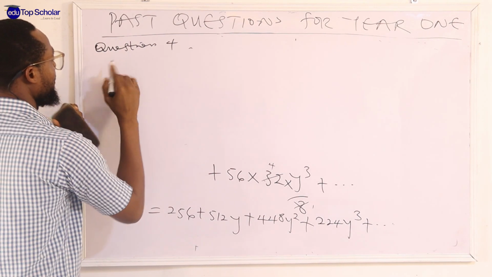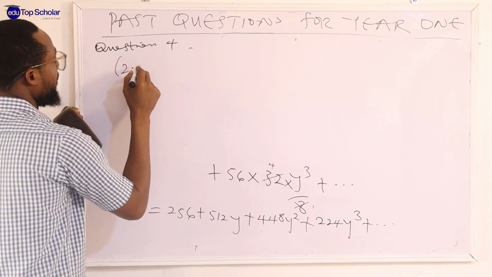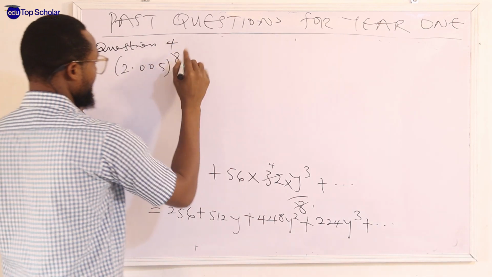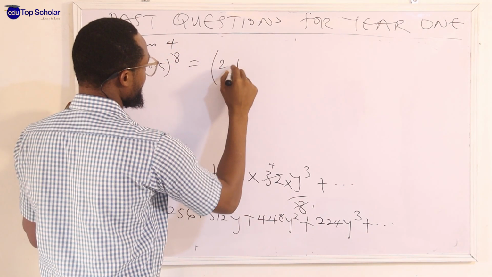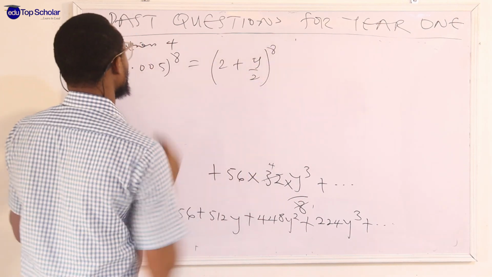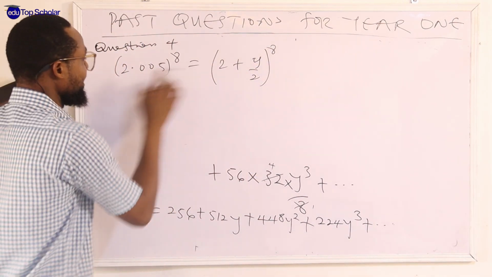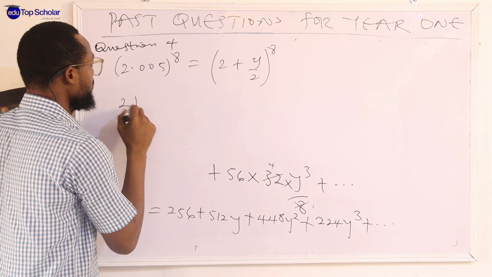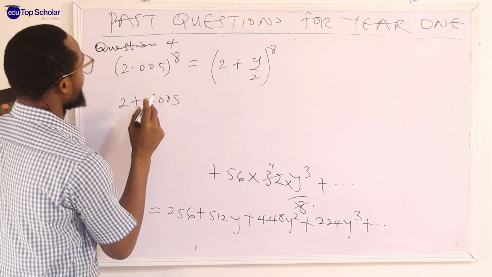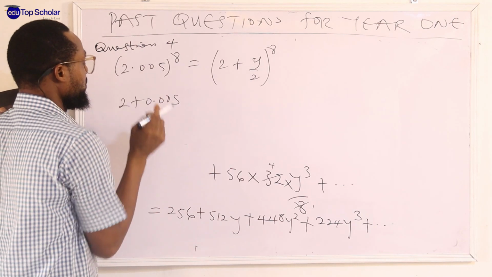Therefore, 2.005 raised to power 8. We will compare that one with 2 plus y over 2 raised to power 8. Okay, we want to put this in this form now. So this will be 2 plus 0.005. That one will give us 2.005.